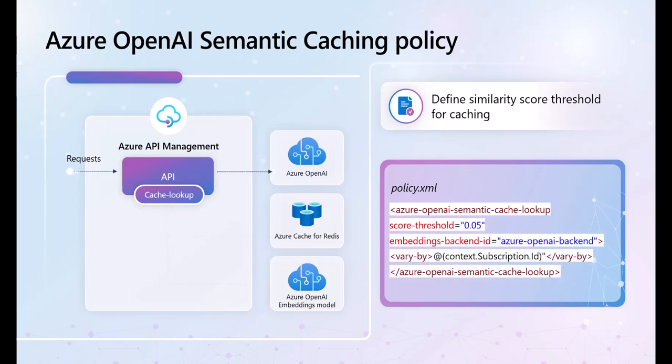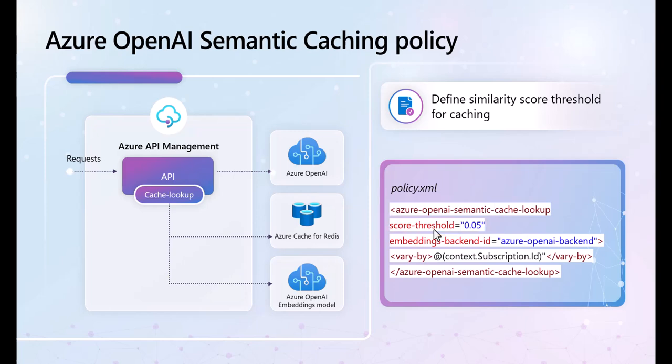The second policy you need is the Azure OpenAI Semantic Cache Lookup policy that performs various tasks. As you define the policy, you will provide an ID for an embedding model that will vectorize your entries to store them in text and vector pairs. You'll also provide a value for the score threshold, and these will be used to determine how related the stored prompt should be to the incoming prompt to trigger the retrieval.